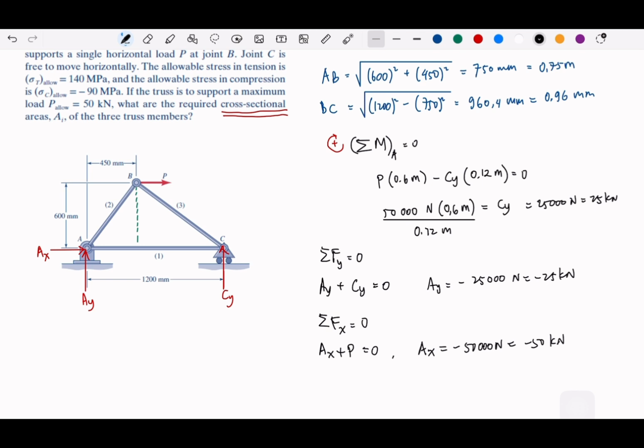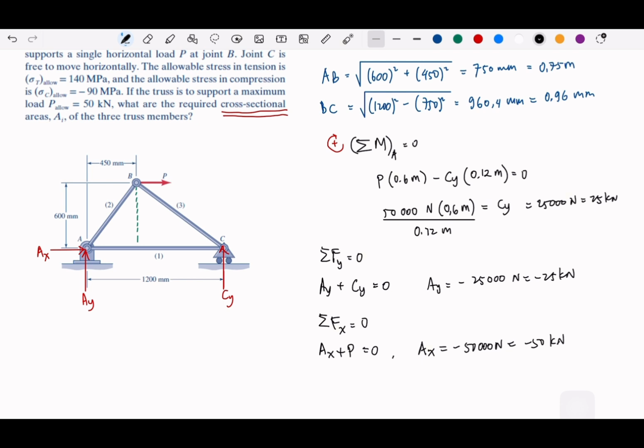Okay, and then we want to know each truss member, right? So we are going to start from 1 or 3, and because we know the C, right?